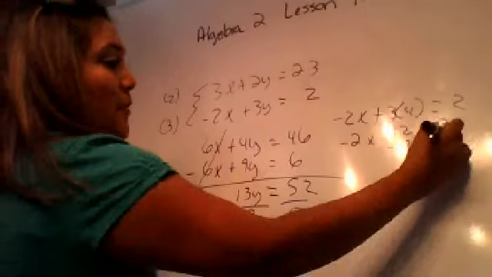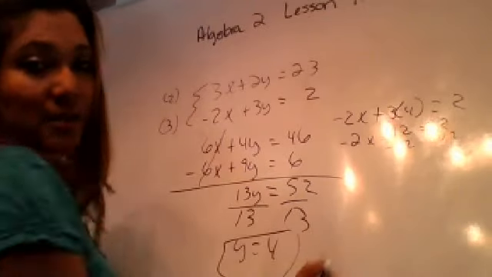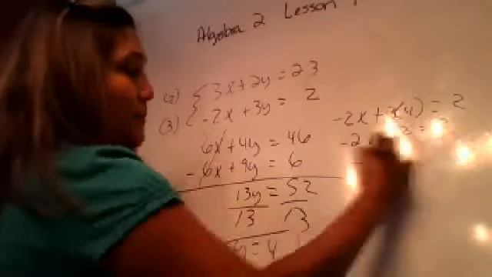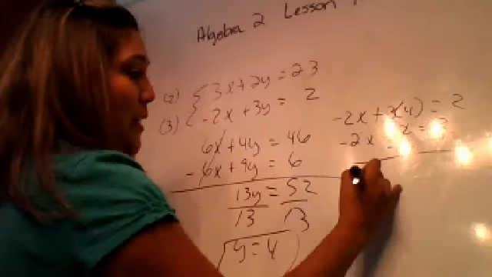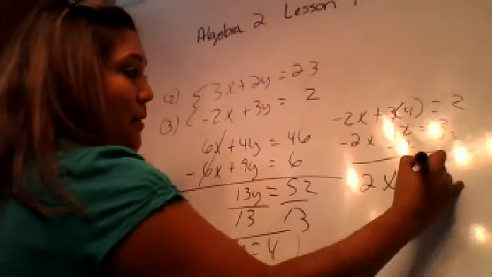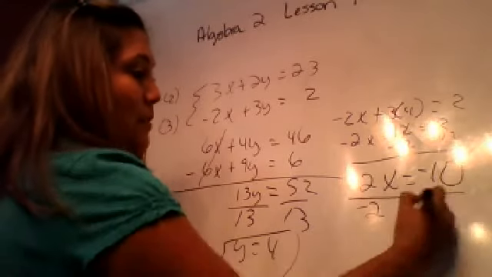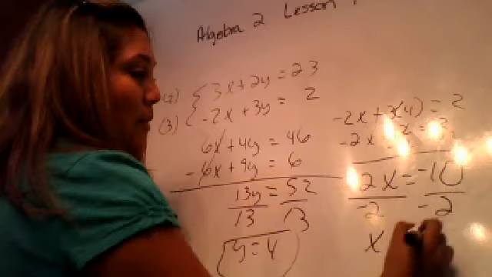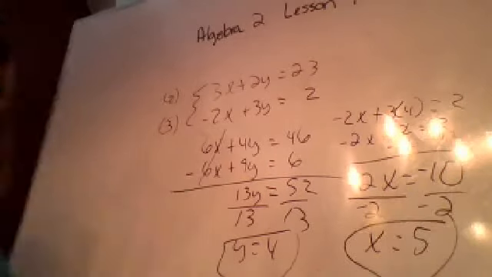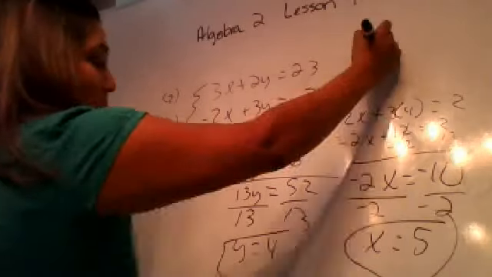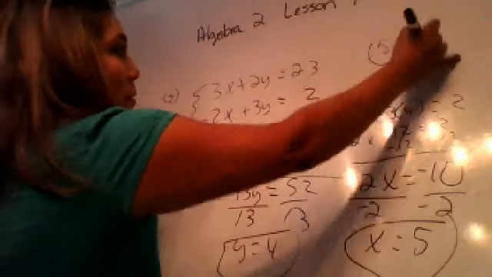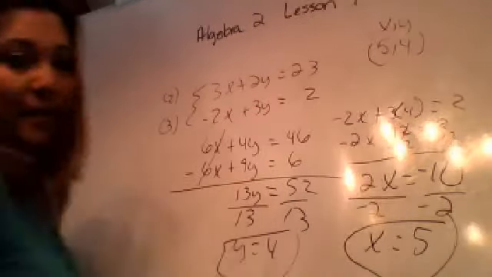I'm going to subtract 12 from both sides. I'm just simply using algebra. So this cancels out. Negative 2x equals negative 10. Divide both sides by negative 2, and I get x equals 5. Okay, so my solution is 5, 4, because remember, you put in an x, y coordinate.